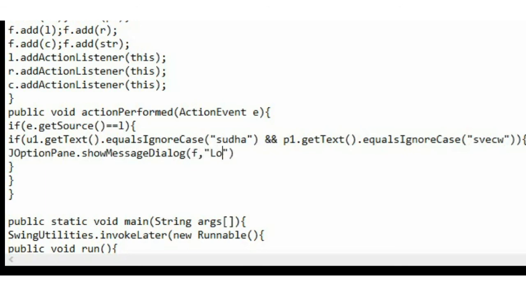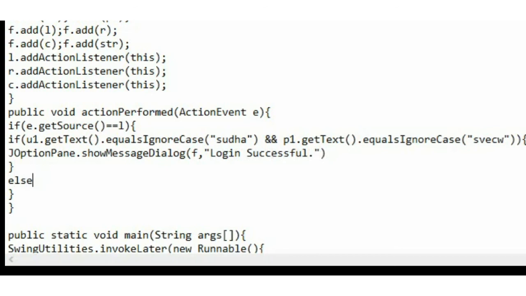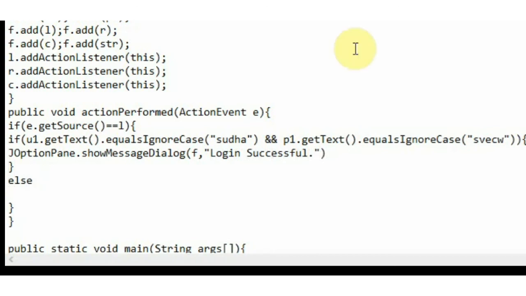So both matching is important. If one doesn't match, then wrong credentials, because there is a logical and. Both conditions should be true. Okay, so I am showing a dialog, and this dialog is JOptionPane.showMessageDialog, which takes two arguments.